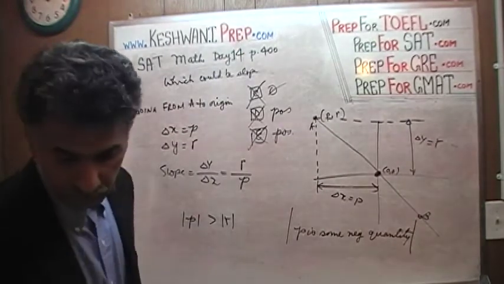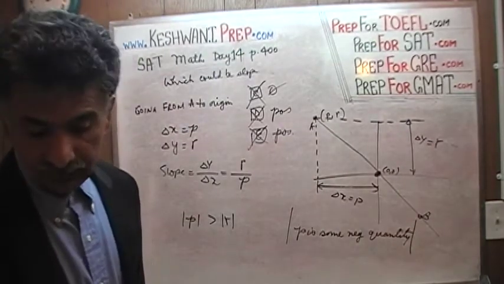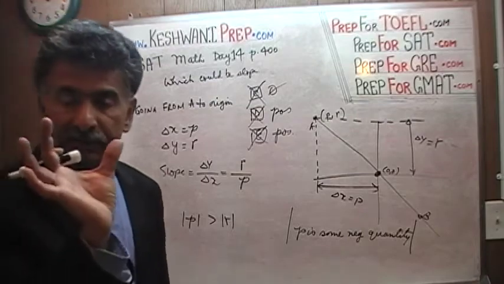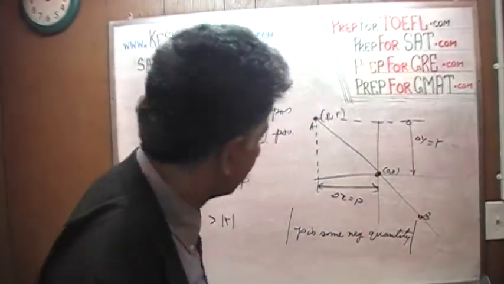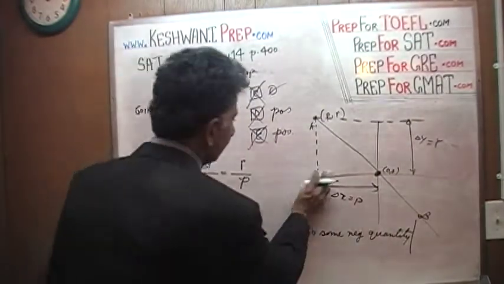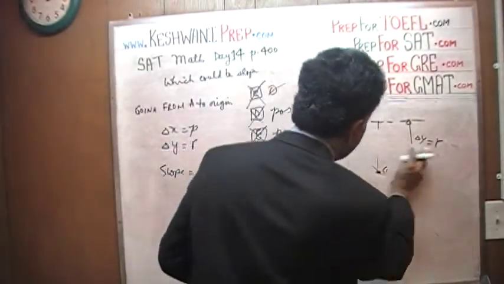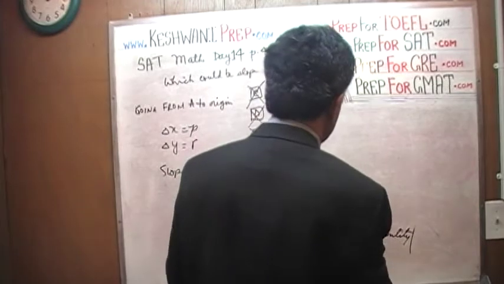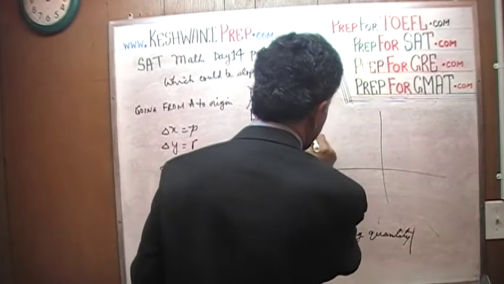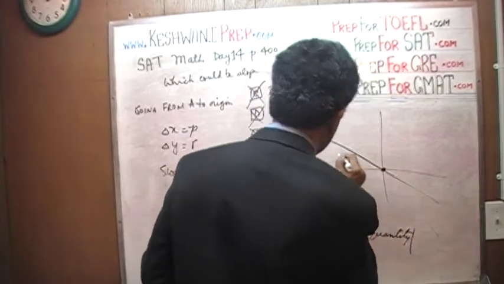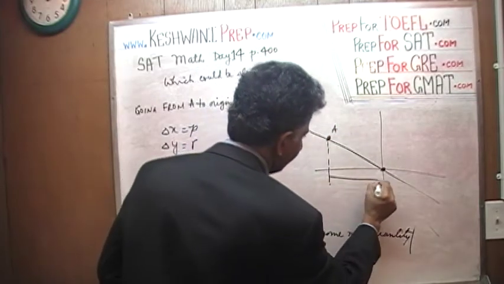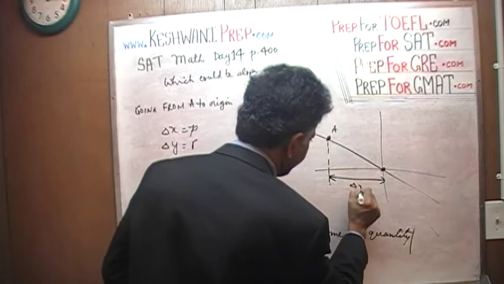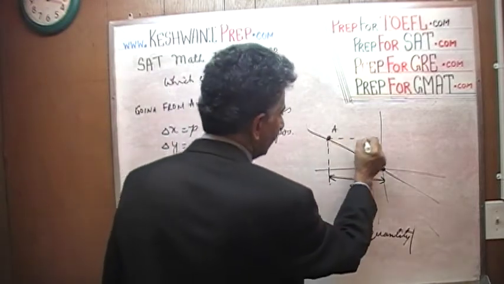As a matter of fact, the way they drew it, you can see that the change in x is much more than the change in y. I'm going to redraw it, because mine is not drawn properly. If you look at the picture they give you, it's very easy to see that going from the origin to point A, the change in x is much more than the change in y.